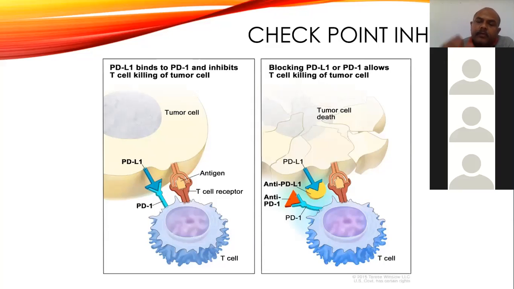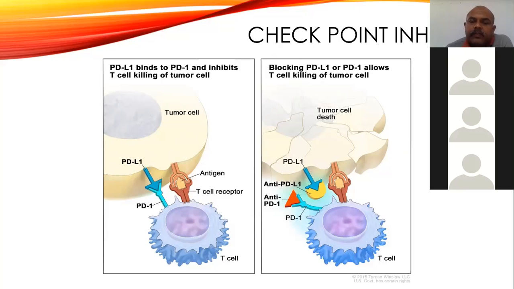Once this antigen is detected by the T cell, it is supposed to kill the cancer cell. But the cancer cell is very intelligent. It expresses certain special proteins. In this picture, you can see PDL1. This PDL1 binds with the T cell receptor called PD1, and what it does is escape the immunity. This is an escape of immunity by the cancer cell through its tricky mechanisms.